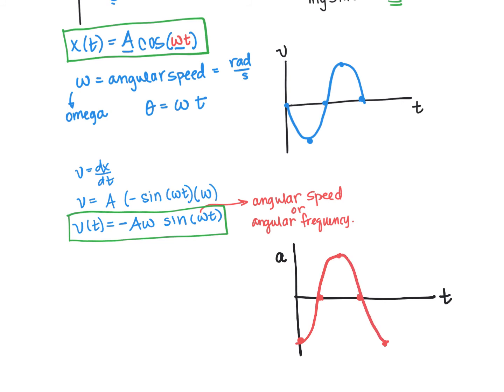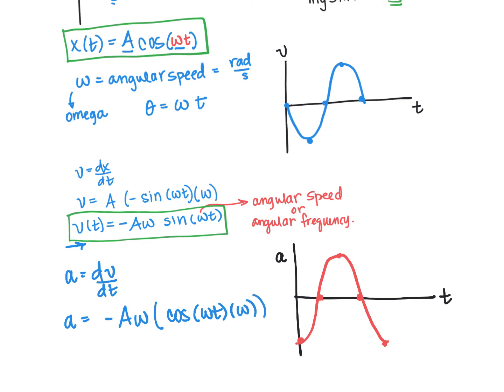Acceleration is the derivative of the velocity with respect to time. So if we take the derivative of this velocity function, we have negative a omega times the cosine of omega t times the derivative of the argument.